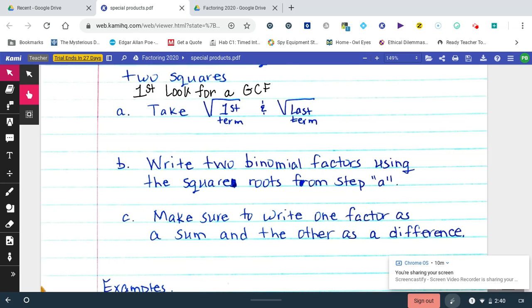However, with these factors, you're going to put one plus sign in one of them, and then you're going to put a minus sign in the other one. That's so when you write the factors, if you decided to go back and check it and use the distributive property, you would not end up with a middle term, because a difference of two squares doesn't have a middle term. It's just a squared minus b squared. There's no middle. All right, let's take a look at it.